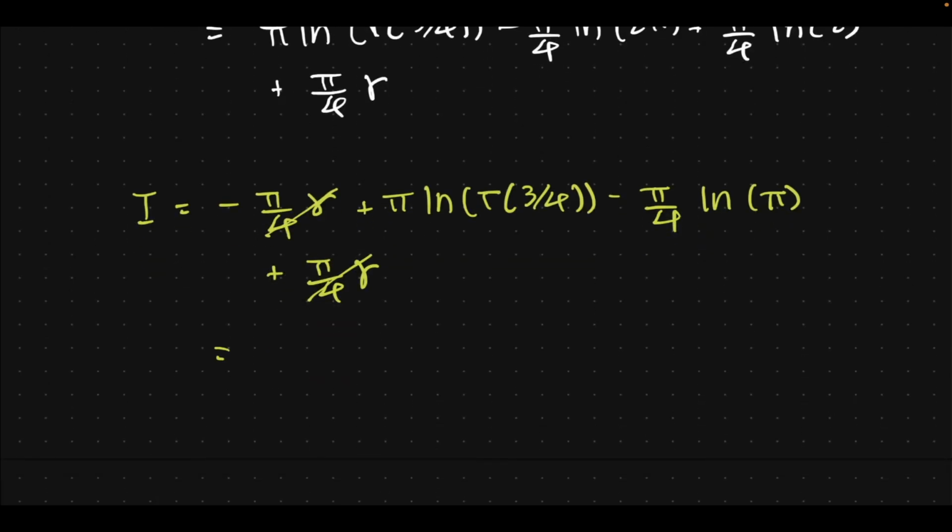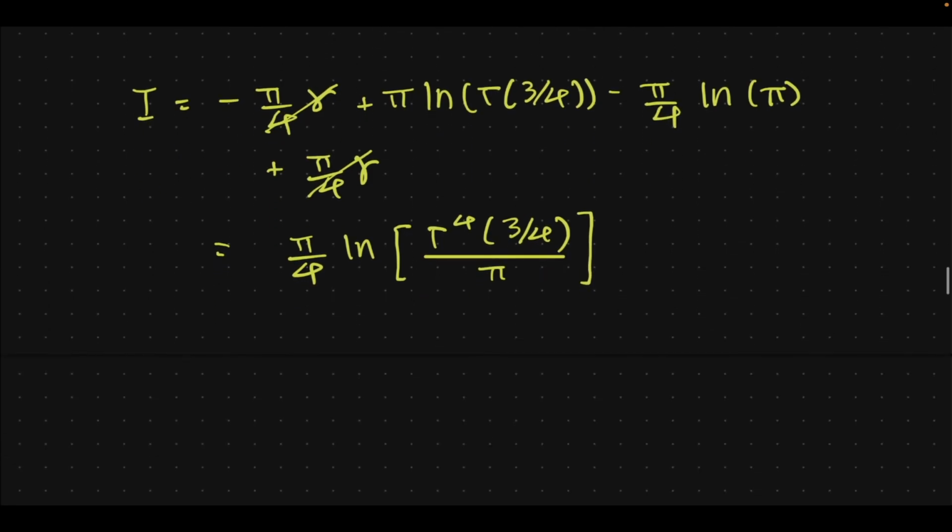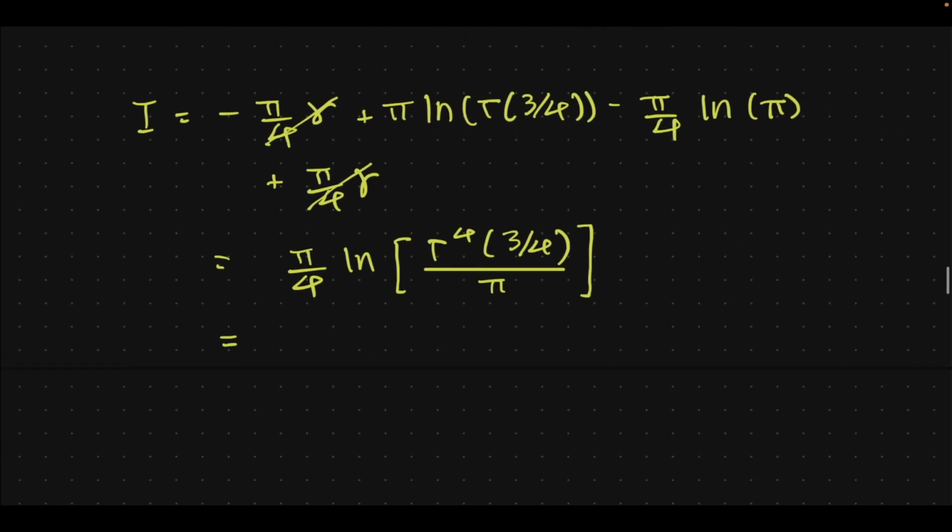We're simply left with pi over 4 natural log of gamma of 3/4, raised to the power 4 using properties of logs, over pi. We can probably bring a power of 2 out. So pi over 2 natural log of gamma squared 3 pi over 4 pi to the 1/2.